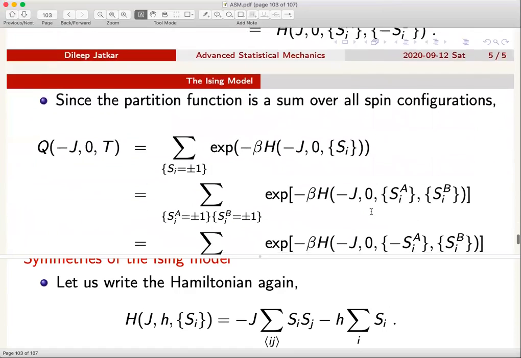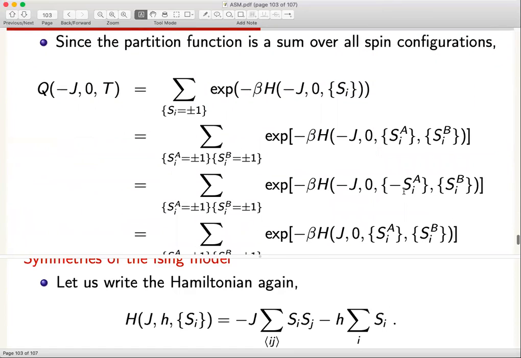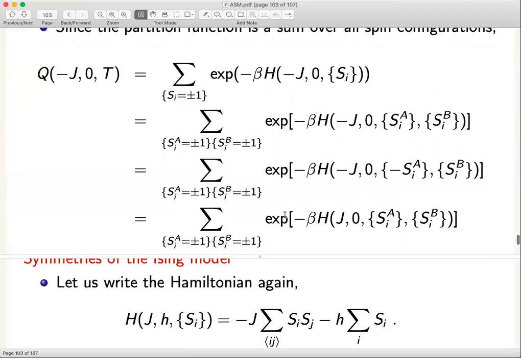So I should have written J with minus spins here, and the B lattice spins are untouched. But the point is that since we are summing over all spin configurations, the sum over minus SiA is the same as the sum over SiA. Therefore this expression is the same as this expression, because we are summing over all possible values of SiA. Is that okay?